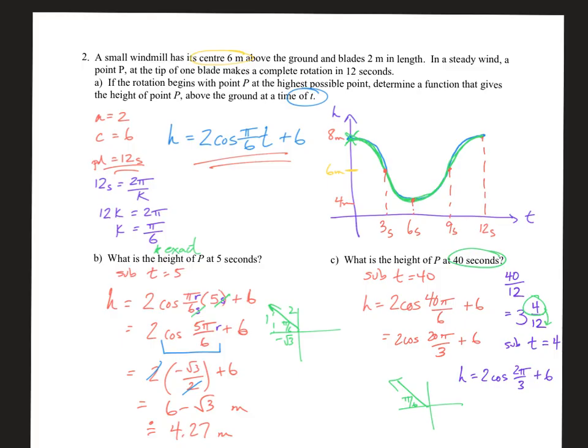So I can break up my grid, and I know, at least at those quarters, where point P would need to be. And so if part C is really asking me, what is the height 4 seconds into a rotation, I know that I have to be in that purple highlighted section on my curve. So my estimation, I got to be a little bit below 6 meters. That's what I'm expecting to see.